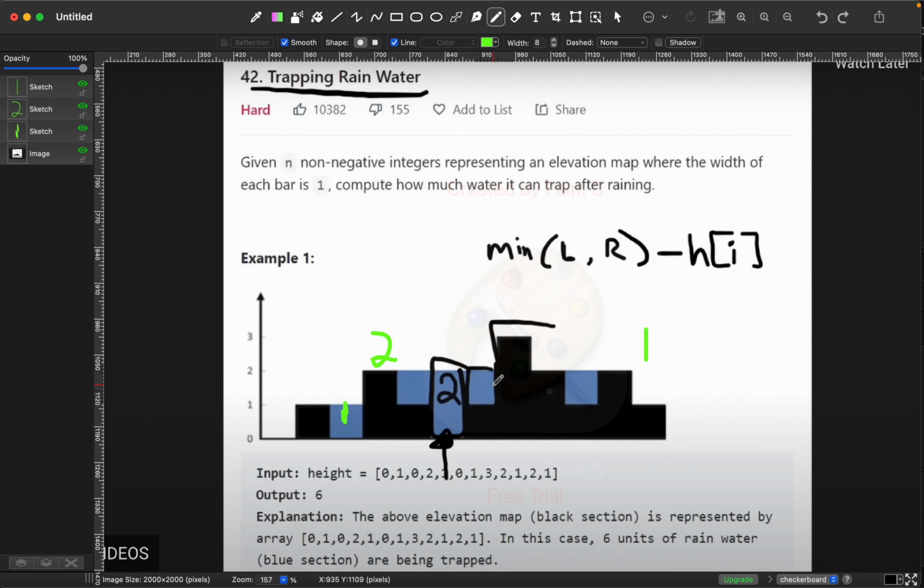I think we're trapped. You come to here, how do you even calculate this 2?